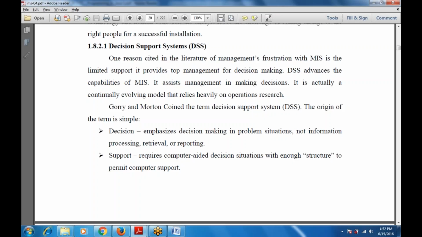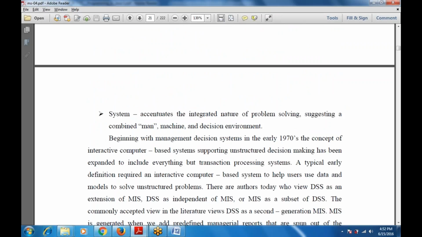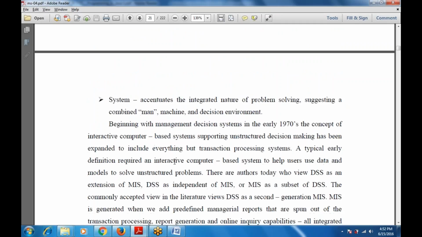So how to use the computer or IT in decisions that are defined with enough structure to permit computer support. The next one is system, which is a combination or collection of interrelated components. So how to take the decision that is supported by the system, supported by the management level, that is known as a DSS.